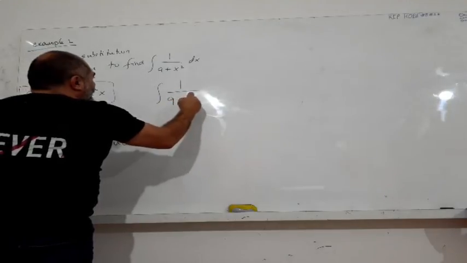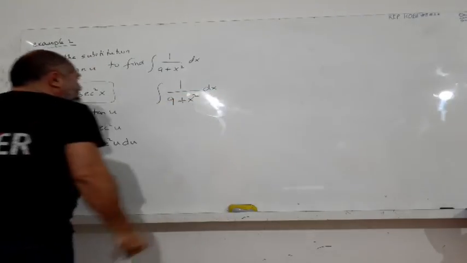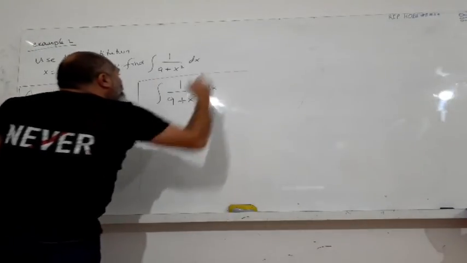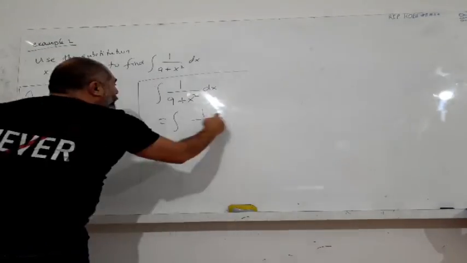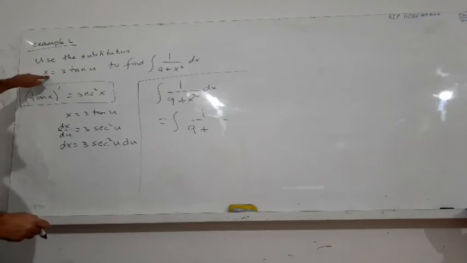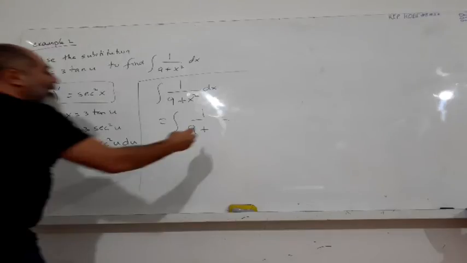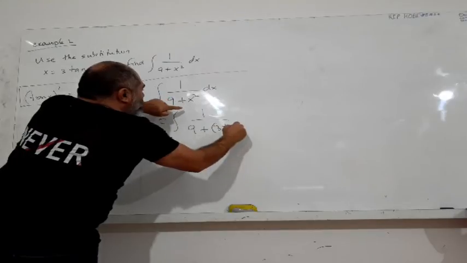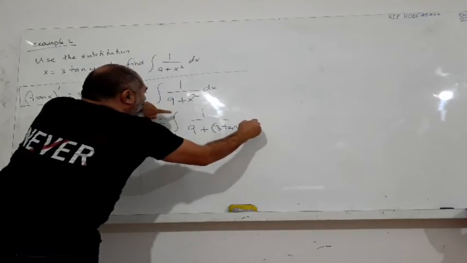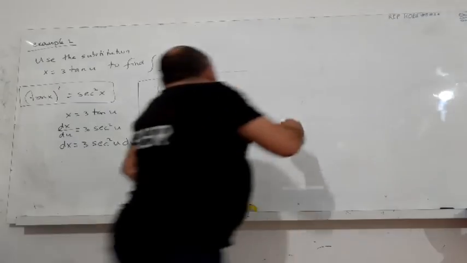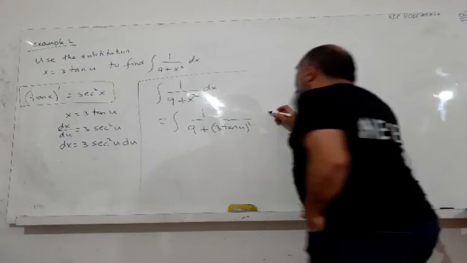So this will be equal to 1 over 9 plus, what is x? x is given as 3 tangent u. So that is going to be 3 tangent u squared. And what is dx? We already found dx in terms of u. It is going to be 3 sec squared u du.